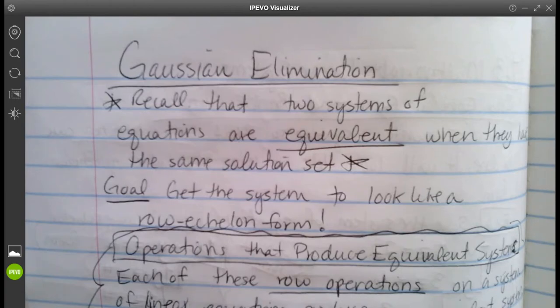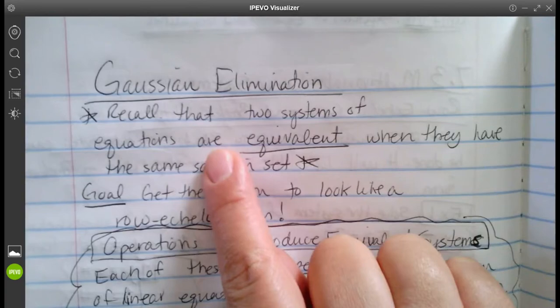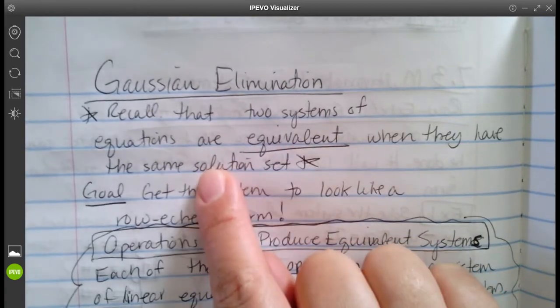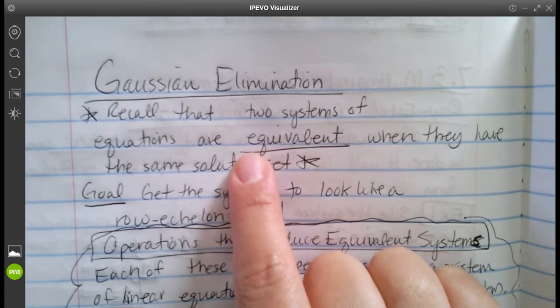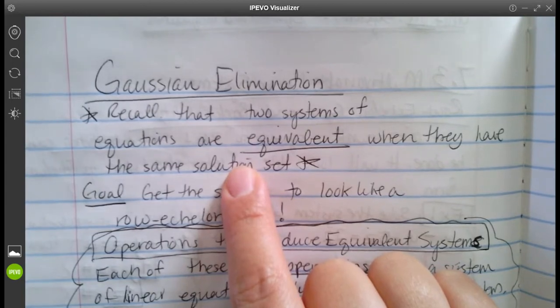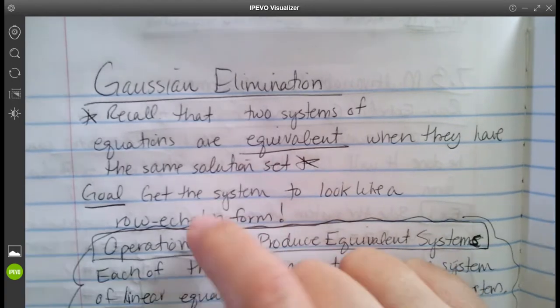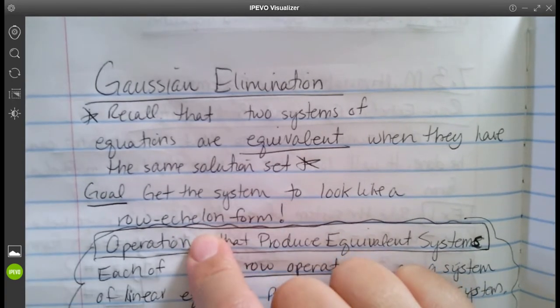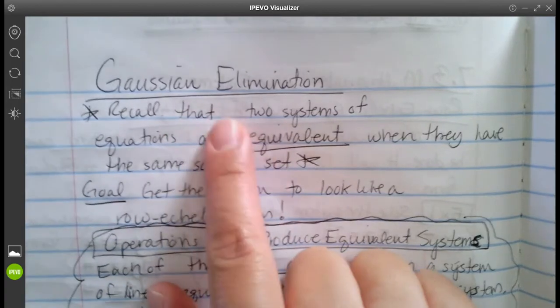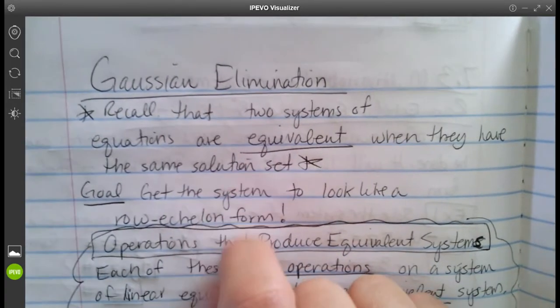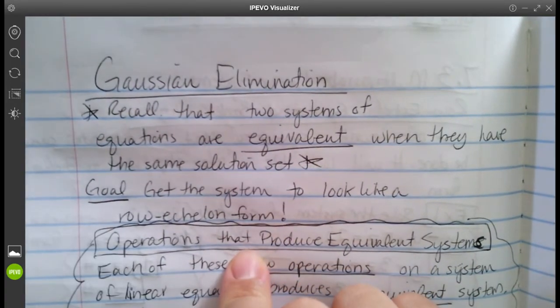Okay, so recall that two systems of equations are equivalent when they have the same solution set. That's super important because we are going to be changing some things, by multiplying or doing these operations we're going to see in just a bit that are allowed with this process. Every change that we do is still going to produce an equivalent system.